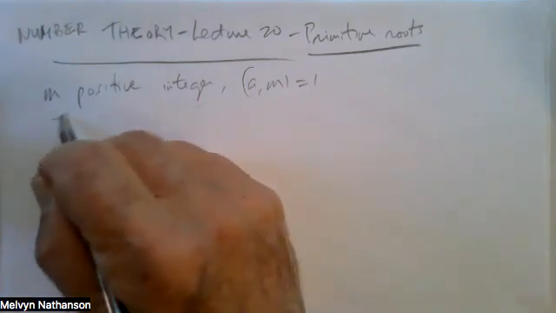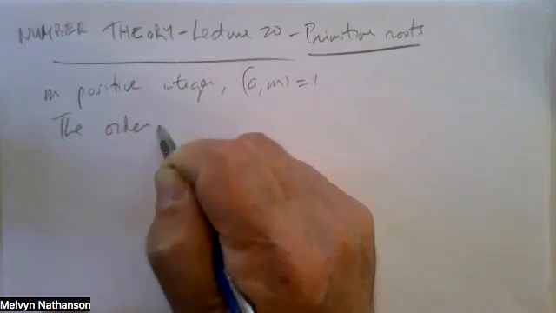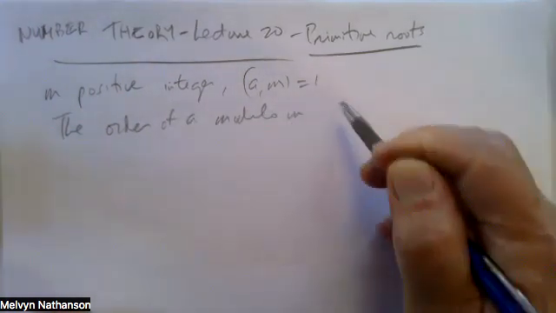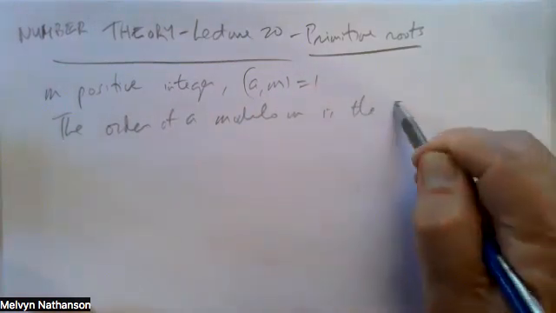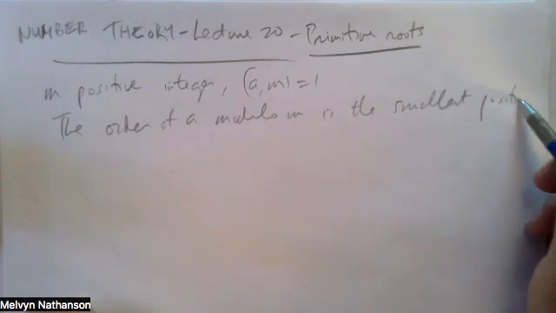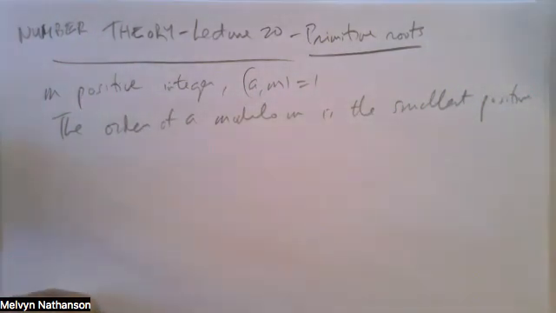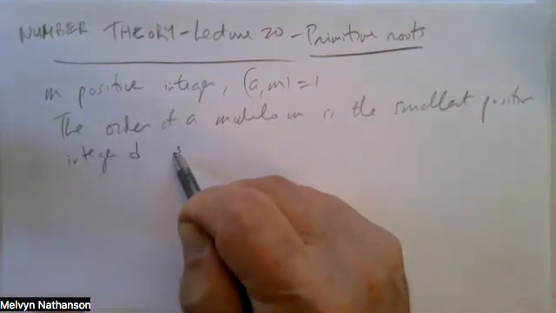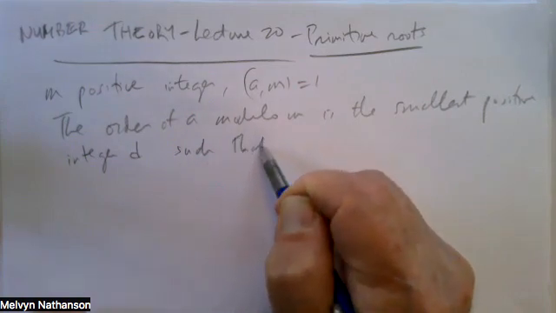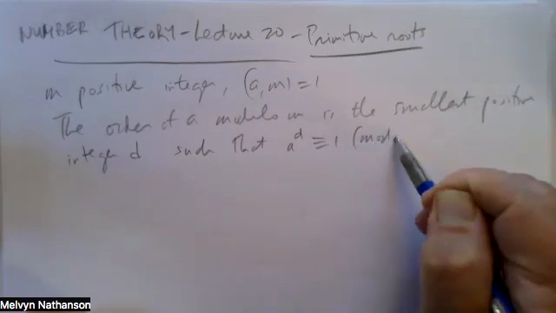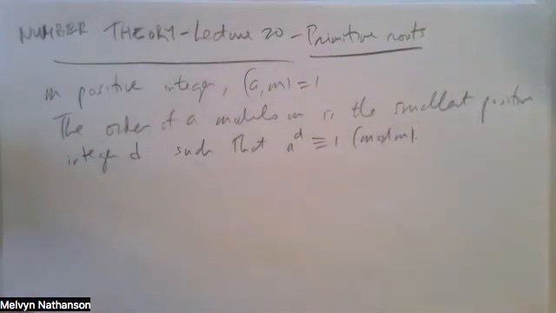What is called the order of a modulo m is the smallest positive integer d such that a to the d is congruent to 1 mod m.